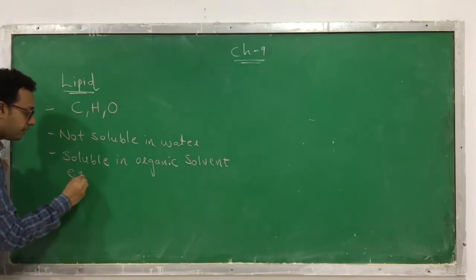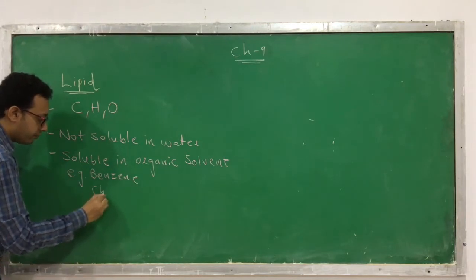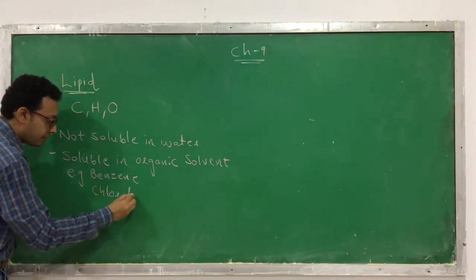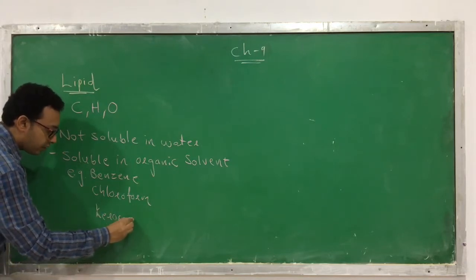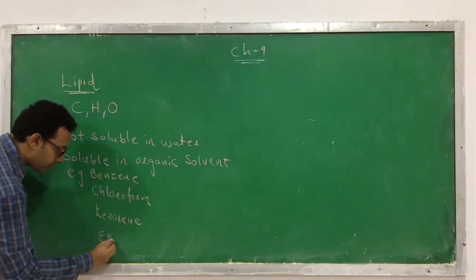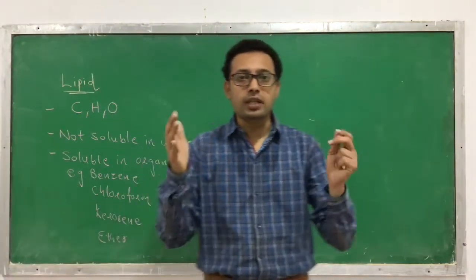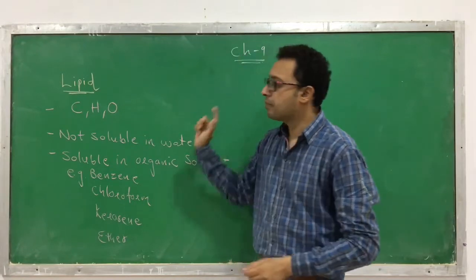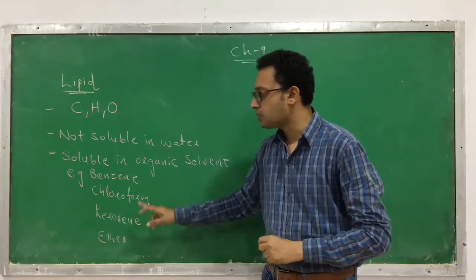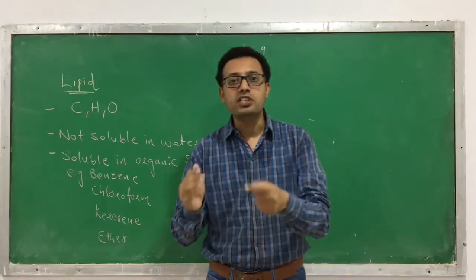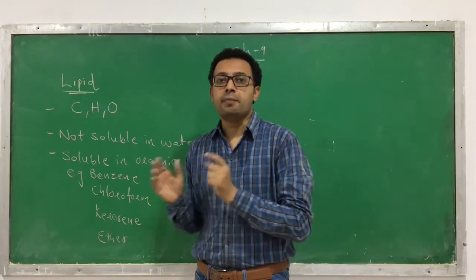For example, benzene, chloroform, kerosene, or ether. These are a few examples of organic solvents. So lipids are not soluble in water, but they are soluble in organic solvents like benzene, chloroform, kerosene, ether, etc. This is a usual property of lipids.